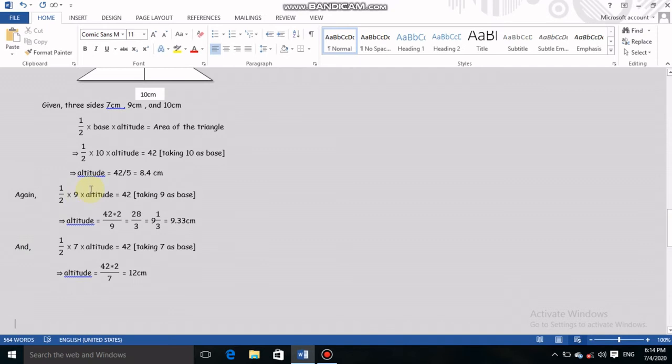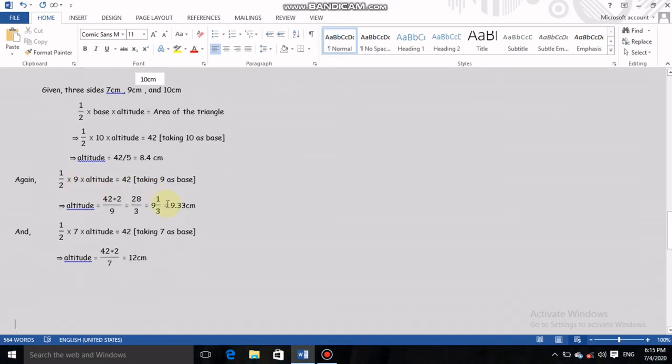Again, taking this side 9 centimeter as base, half into 9 into altitude is equal to 42. So altitude is 42 into 2 by 9. Multiply this and divide by 9, you get 28 by 3, which is 9 1 by 3, equal to 9.33 centimeter.